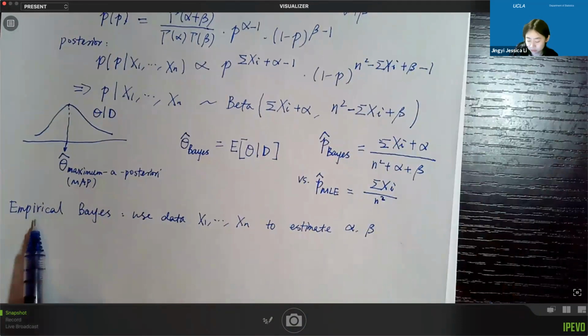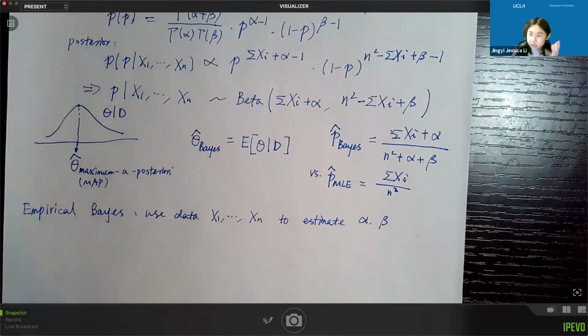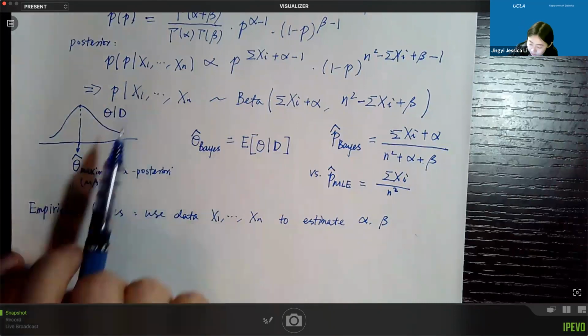That's what the empirical stands for. In statistics, when we say something is empirical, we mean that it's based on data. So how do we do it? The idea is still to use data to maximize some likelihood about the prior parameters.